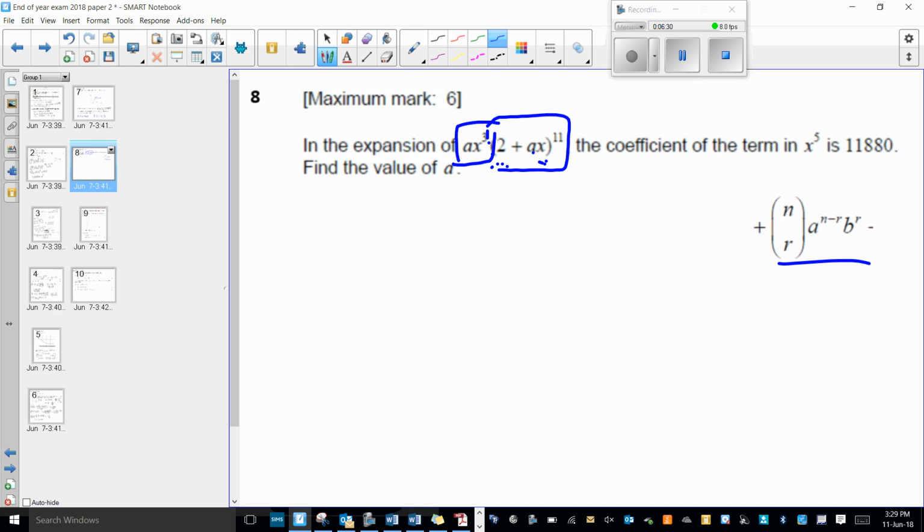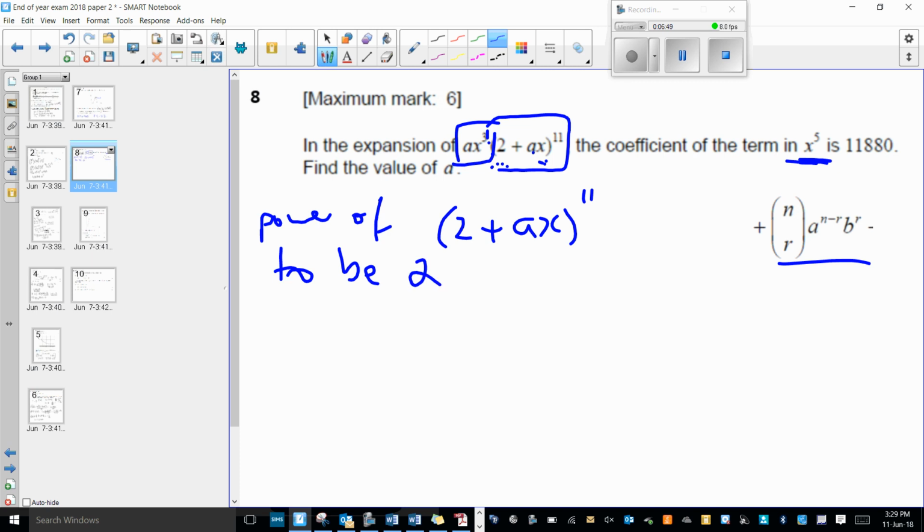So in order to get the power of 5, we want the power of this expansion to be 2. Because we know that when we multiply terms with the same base, we add the powers.